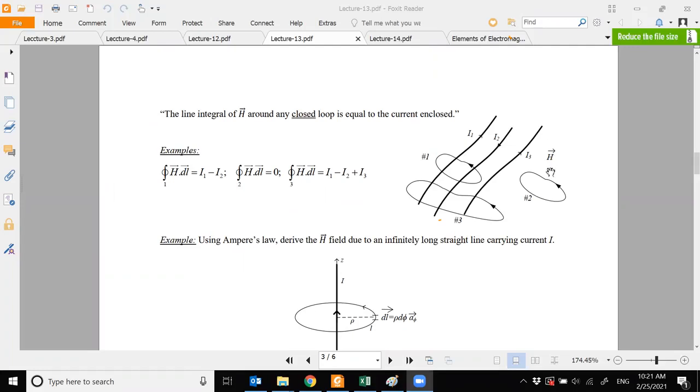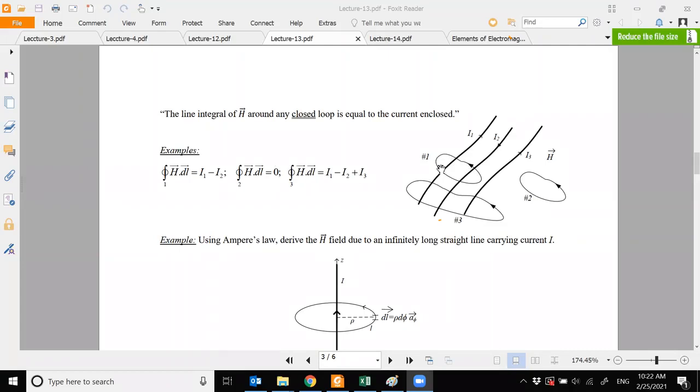See, if this is my small line and this is my magnetic field H, and this magnetic field H is everywhere, and now I integrate this magnetic field H over this closed line, it must be equal to the current which is enclosed. But here there is no current enclosed. That's why the closed line integral over path 2 is 0.